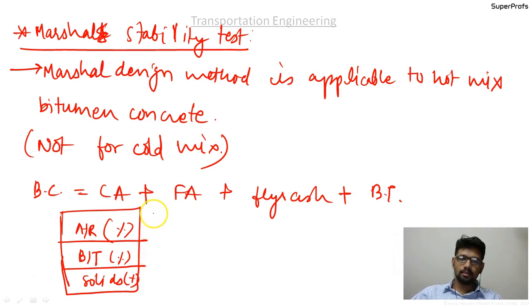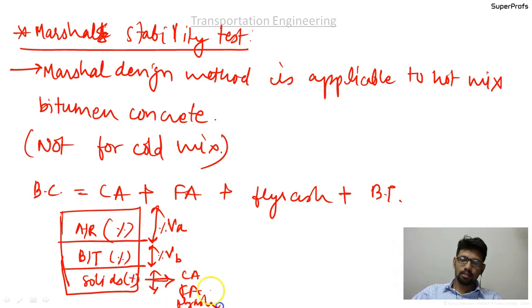The air portion will be the volume of voids, this one will be the percentage volume of bitumen, and solids stands for coarse aggregates, fine aggregates and fly ash. So this was the three-phase diagram.